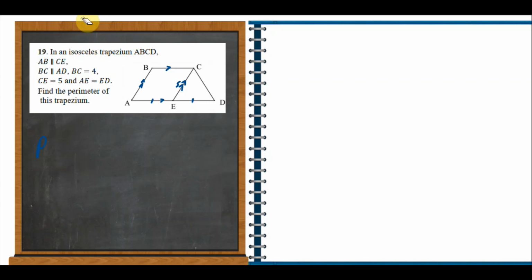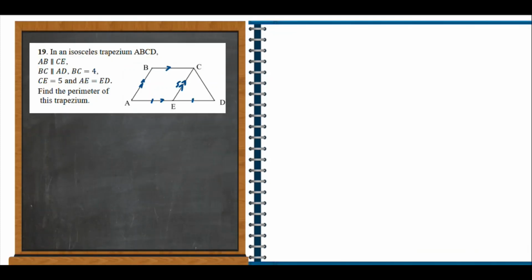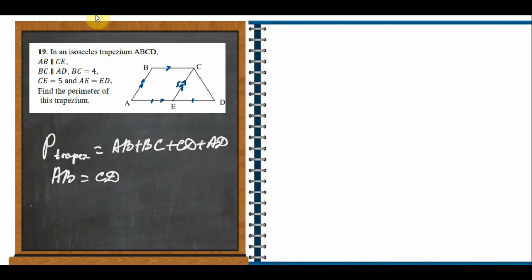As you know, the perimeter of any shape is just the sum of all the sides. So the perimeter of the trapezium is AB plus BC plus CD plus AD. From the word isosceles, you must understand that AB is equal to CD.